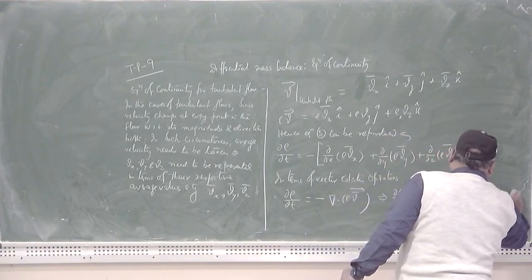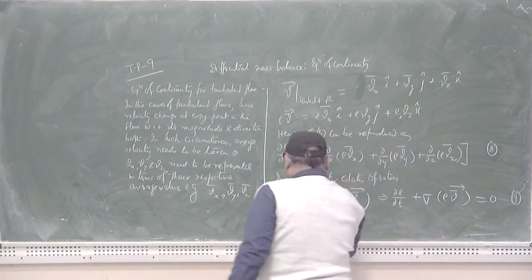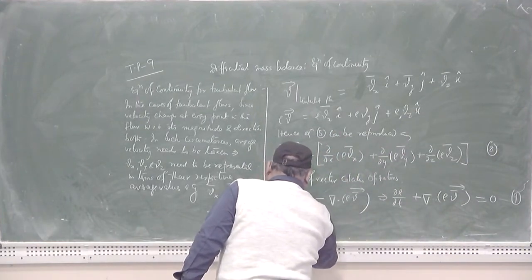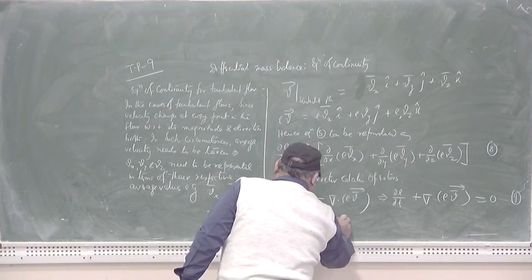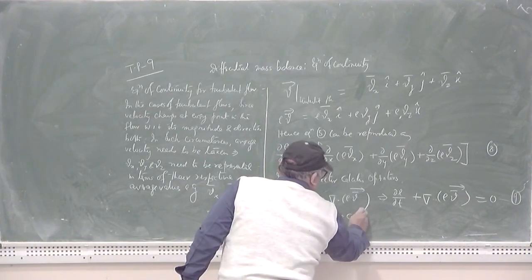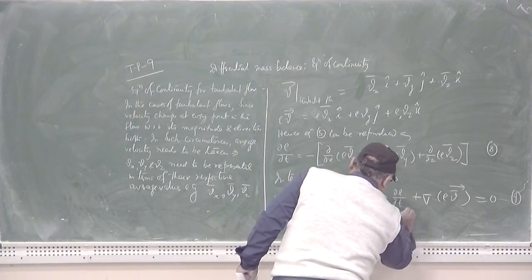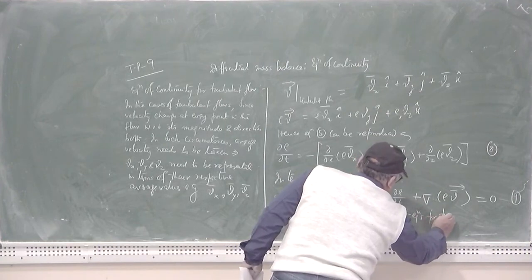So, equations number 8 and 9 are called continuity equations for turbulent flow.